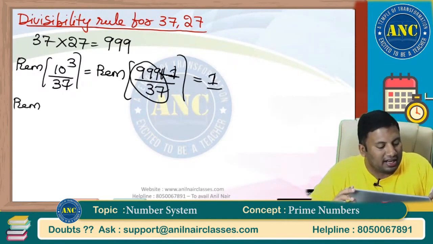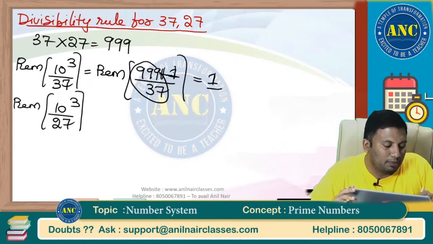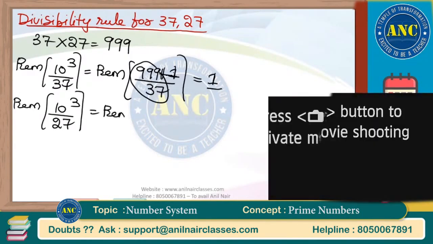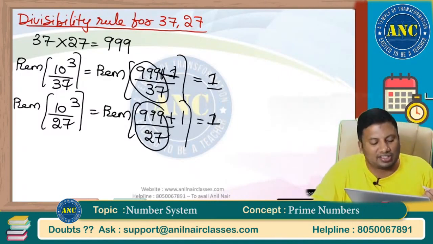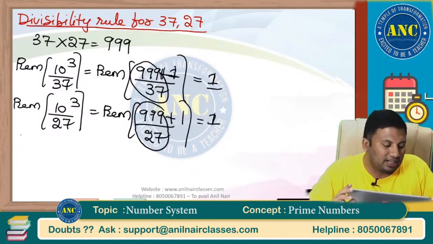Similarly, 10 cube divided by 27: 10 cube is 1000, so 999 plus 1 divided by 27. 999 is perfectly divisible. The answer is 1. So 10 square by 99 gives 1, and 10 cube by 37 gives 1.